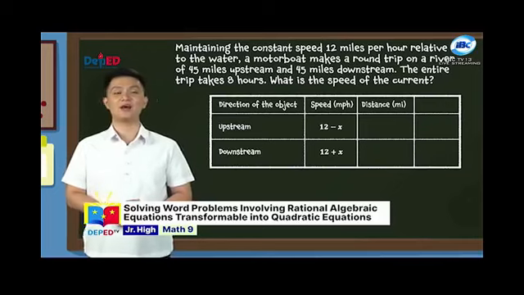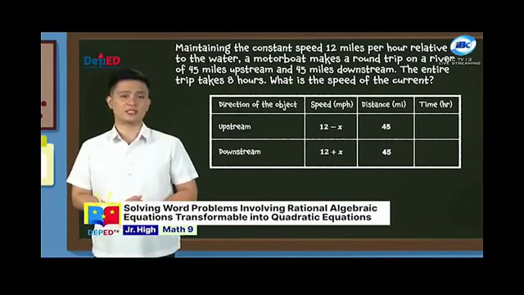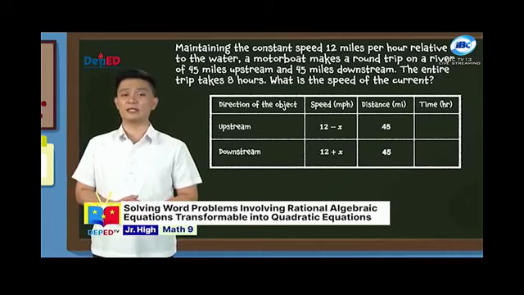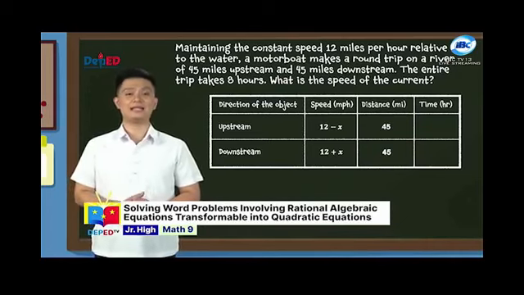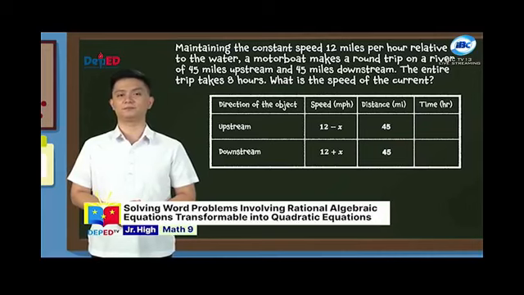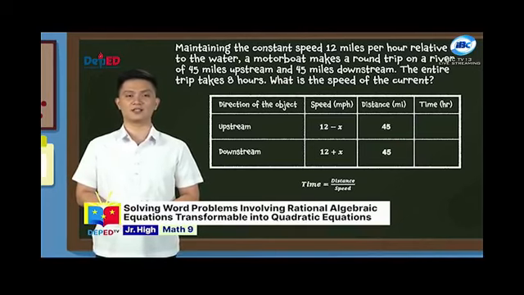This distance is 45 miles. Since we are only given the total time the entire trip takes, we must express in terms of the recorded speed and distance the time it takes the motorboat to travel in each direction. We should be guided by this formula in computing for the time given speed and distance.